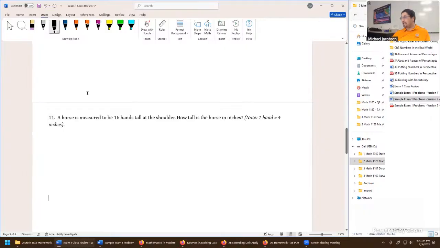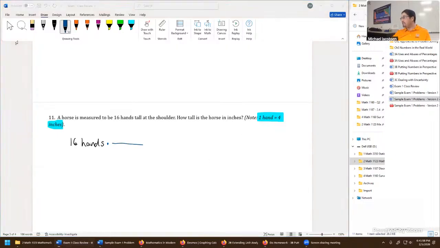So we can start by saying, let's use the provided length. We have 16 hands. So that's a bona fide unit. It's defined to be 1 hand equals 4 inches. That means we can get through this one by multiplying by that as a conversion factor.